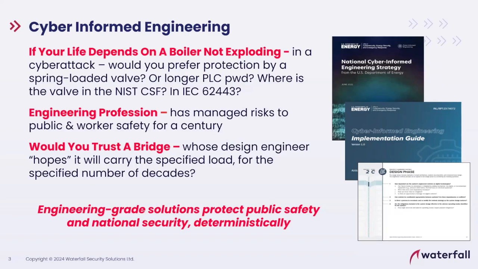The engineering profession has powerful tools to bring to bear to manage physical risk. The risk of a boiler exploding due to an earthquake crimping the steam output valve or line. The risk of a hurricane coming in, sending too much oxygen into the furnace, overheating the furnace, and causing an explosion.